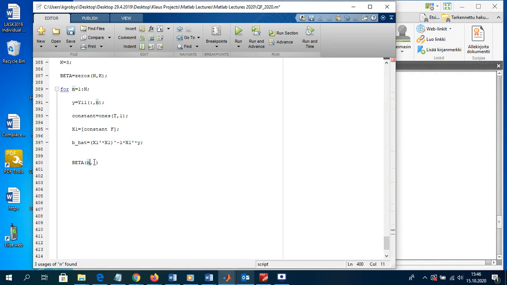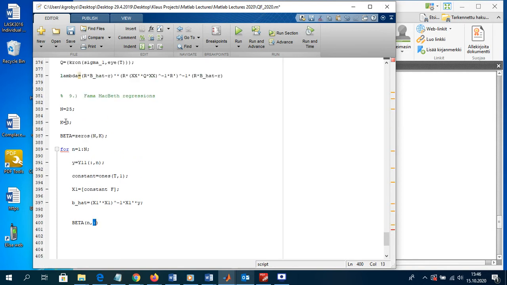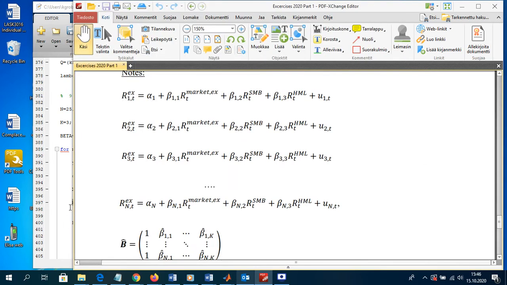If n is 1, we have the first row, and how many columns do we have? K. We have 3 columns here. So if n is 1, this guy here has obviously 3 entries. So which 3 entries do we have to store here? We want to have the parameters 2, 3, and 4 from beta hat, because we're not interested in this alpha.